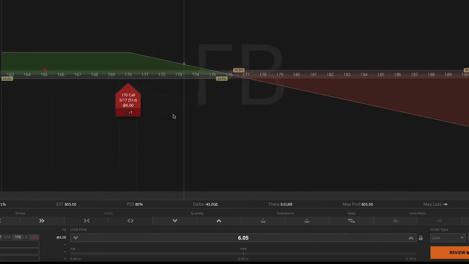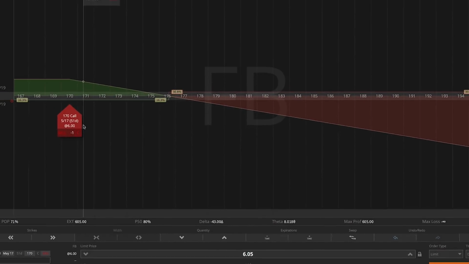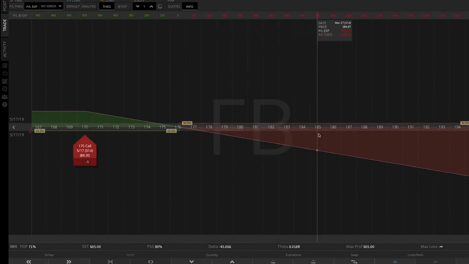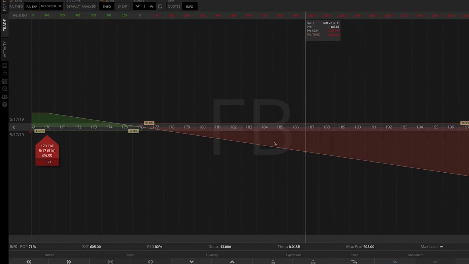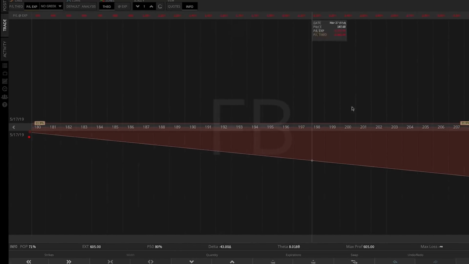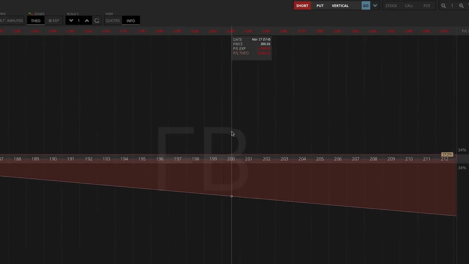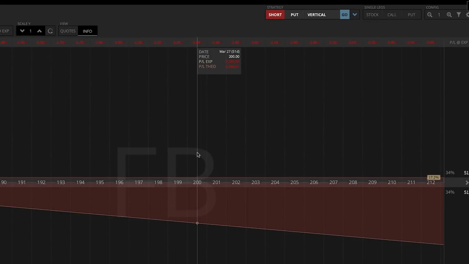Now, on the other hand, if Facebook were to increase significantly, we can get into quite a bit of trouble. So let's say some news came out and Facebook went from $165 up to $200 before this option expired. If that were to happen, it's telling me that my estimated P&L at expiration is a loss of $2,395.